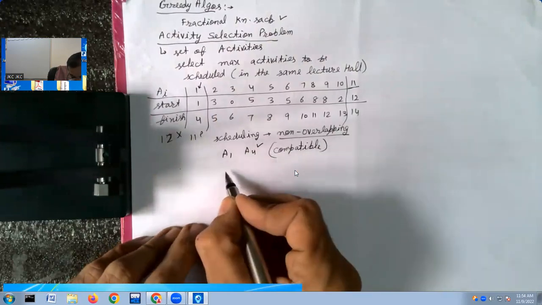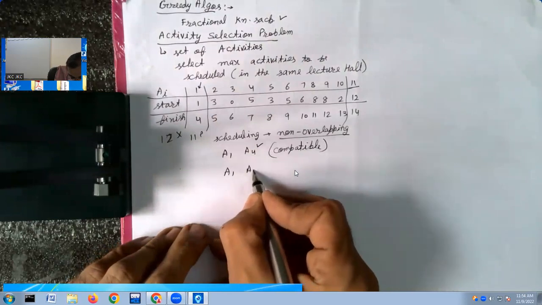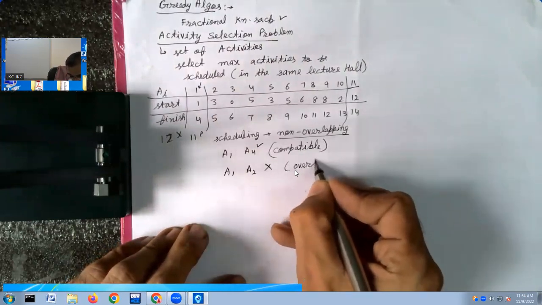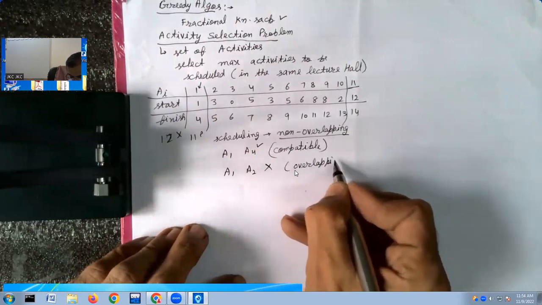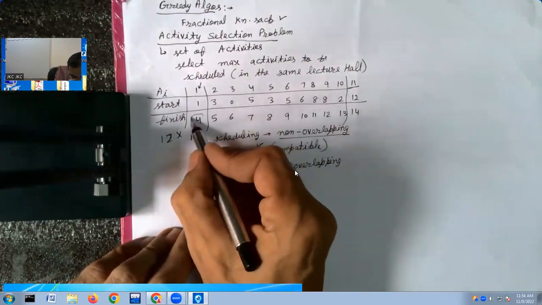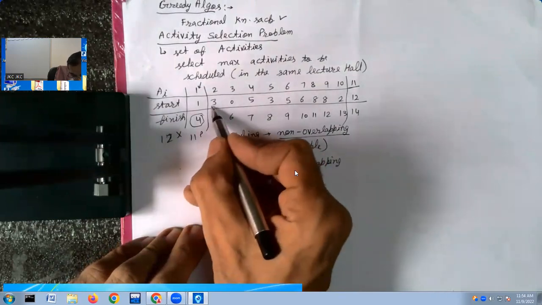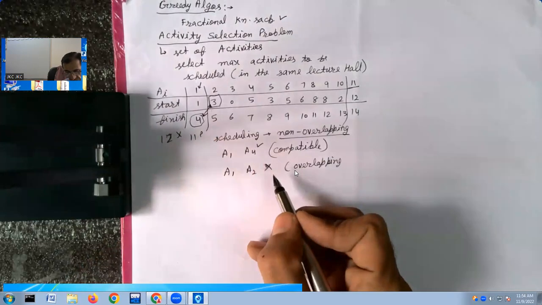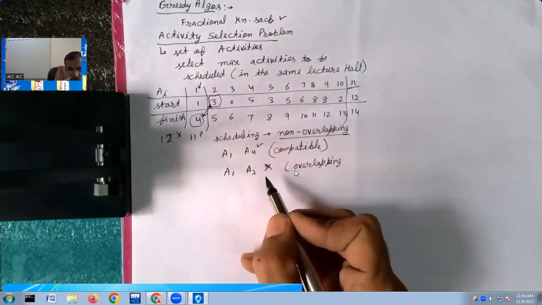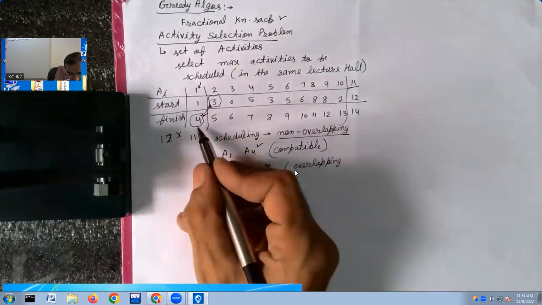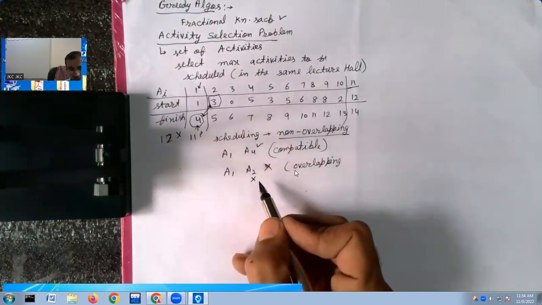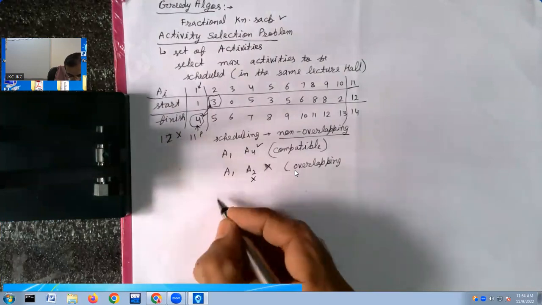But if A1 is going on, A2 cannot start, because they have an overlapping period. A1 finishes at 4, but A2 starts at 3. Till A1 finishes, A2 cannot be started, and that's why A1 and A2 are not compatible.